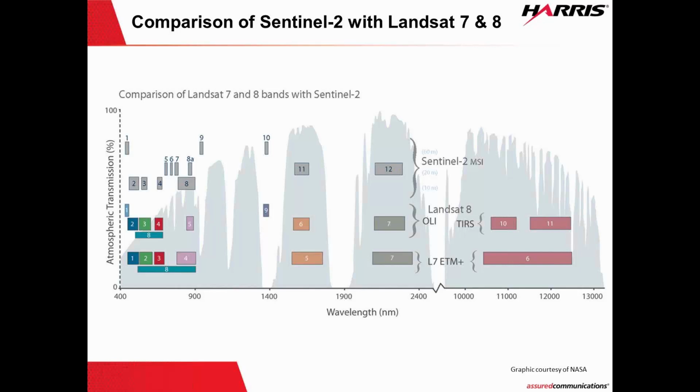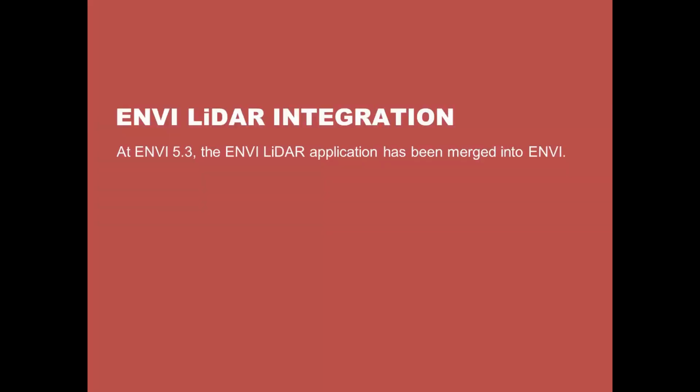So moving on to the third dimension, I want to talk now about our ENVI LiDAR integration. At ENVI 5.3, the ENVI LiDAR application has been fully merged into ENVI. What that means is we used to have a standalone product called ENVI LiDAR. It required a separate license to run. That's no longer the case.